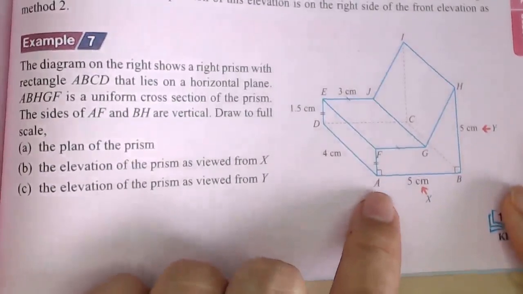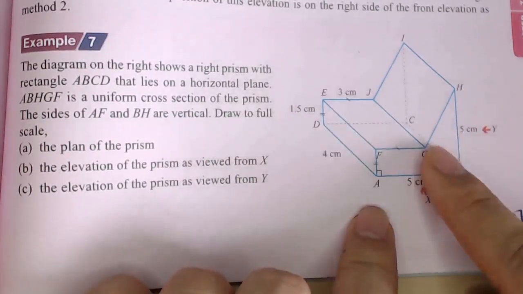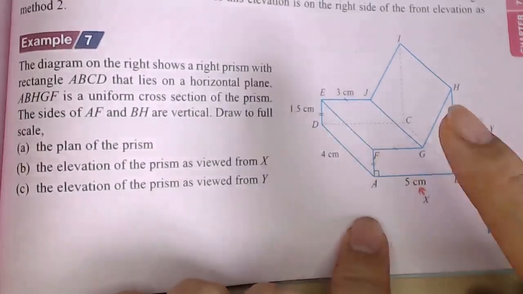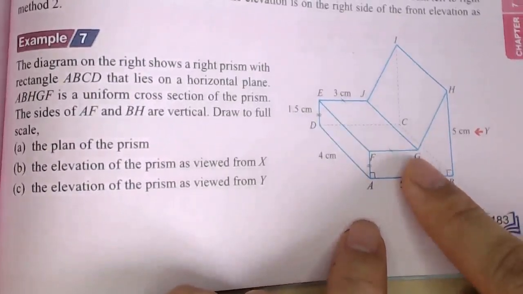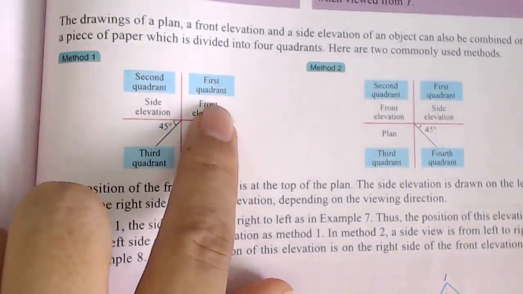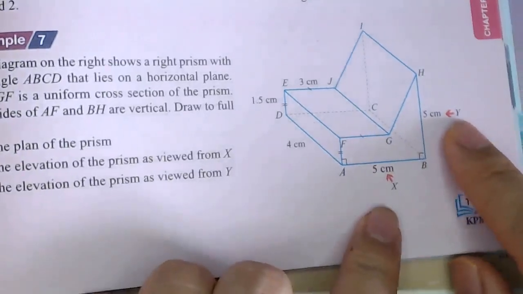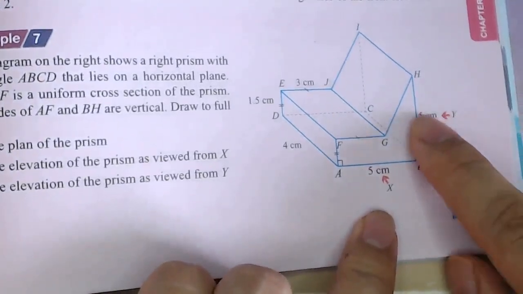Now we're going to do plans for this object. Let's see, either you can turn this to this. So in this case, they state that Y is to be on the right side here.